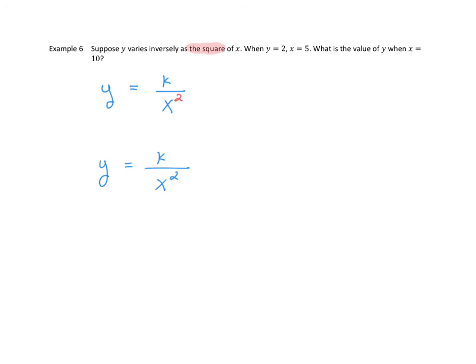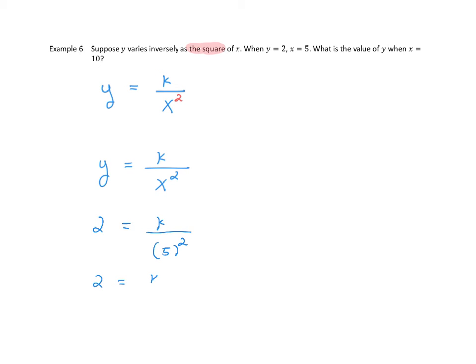So here it is. For this formula, when y is 2, x is 5, can you solve for y when x becomes 10? Okay, I think what I'll do is plug this information into this formula and see what happens. All right, when y is 2, x is equal to 5, but we have to square that 5.